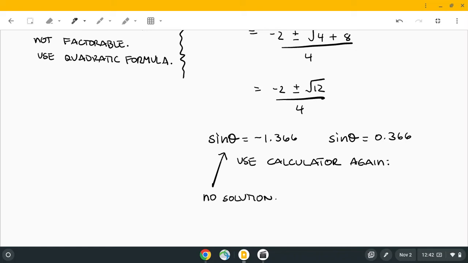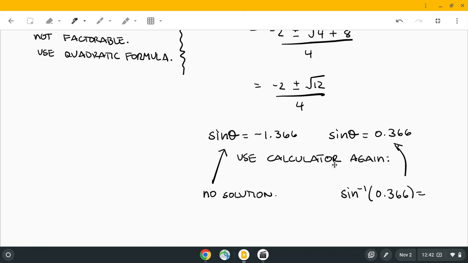All right, so let's do this one. Sine inverse of 0.366 equals, roughly, I'm just going to do this because I'm running out of room down here. I can't put the full decimal, but 0.375 roughly.